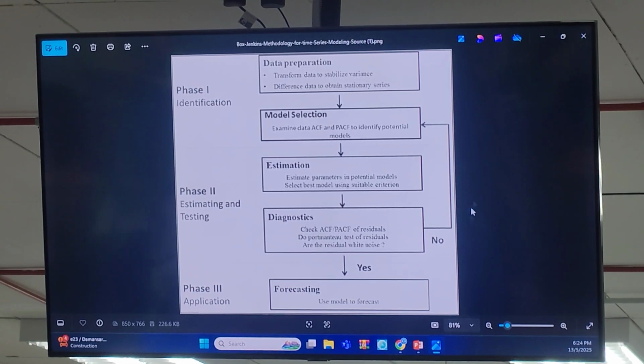If not white noise, then you cannot use that model; you have to consider other models. So if AR2 fails, try other models, AR1 for example, or AR3, and see whether you are able to get a model that satisfies the assumption that the residual is white noise. If you pass all the diagnostic tests, then you can use that model to produce forecasts. Next week we discuss how to produce forecasts.